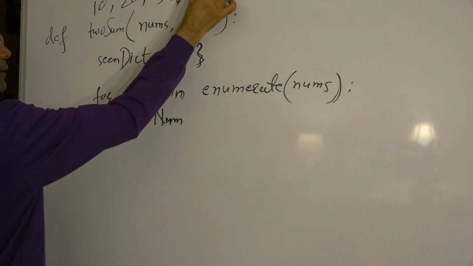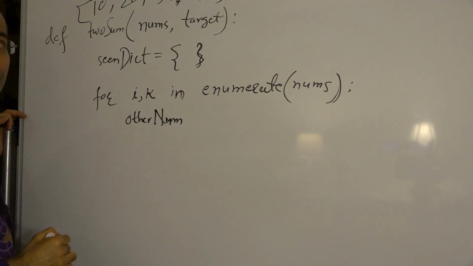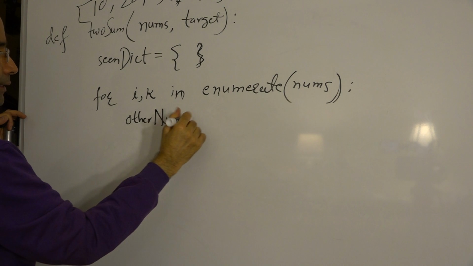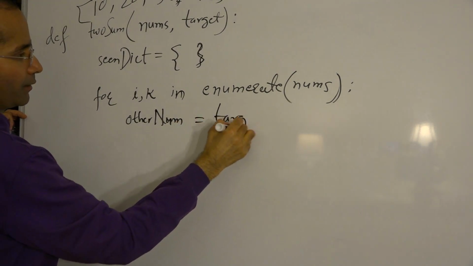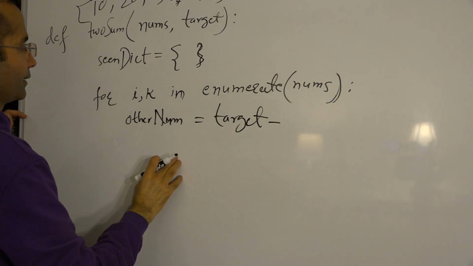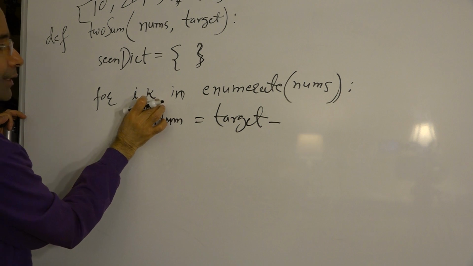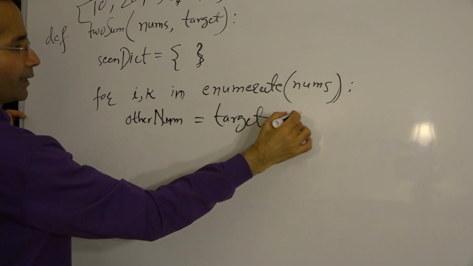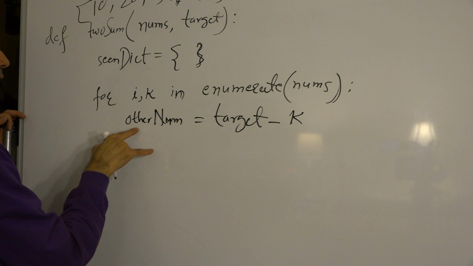I need that. Okay, I need this thing. The other number is equal to target minus k. This pair will be the k. That's how I get the other number.